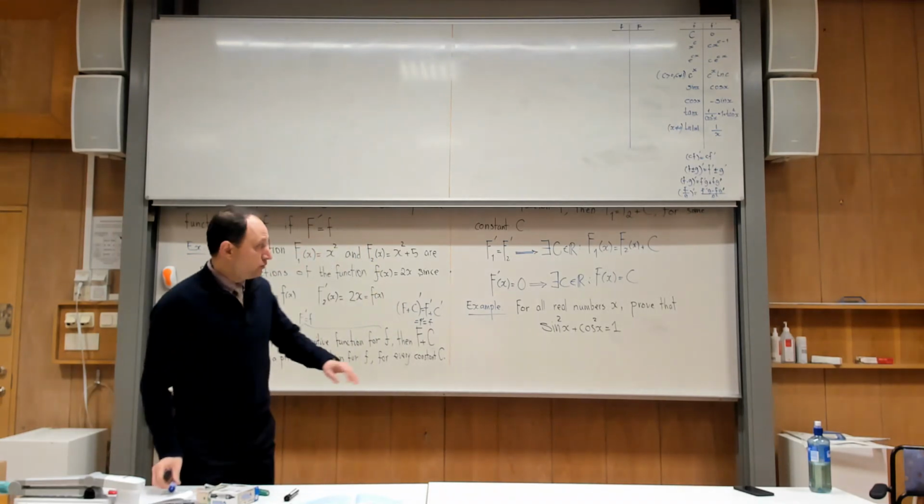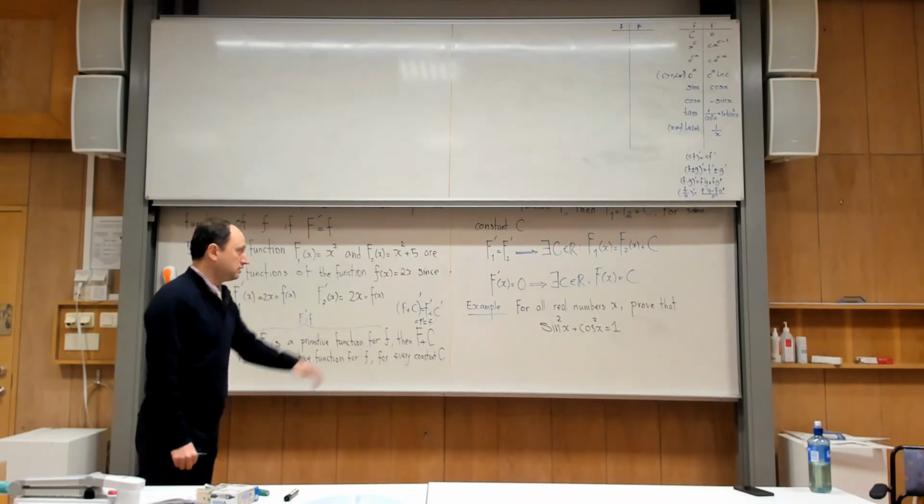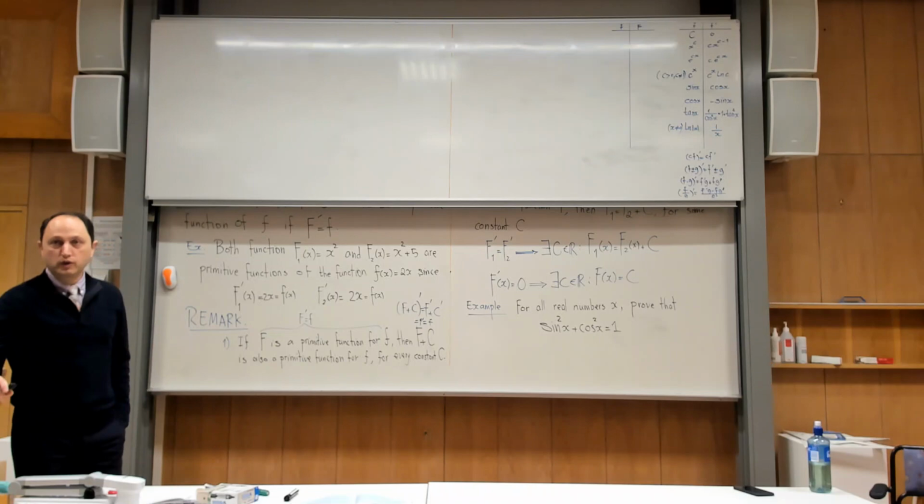We learned about this in trigonometry, but let me tell you how we can use these ideas about primitive functions and things like that to prove this again in a different way.